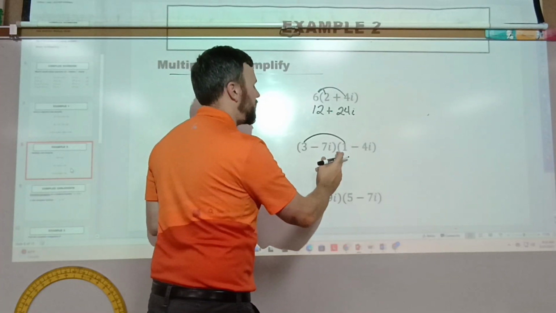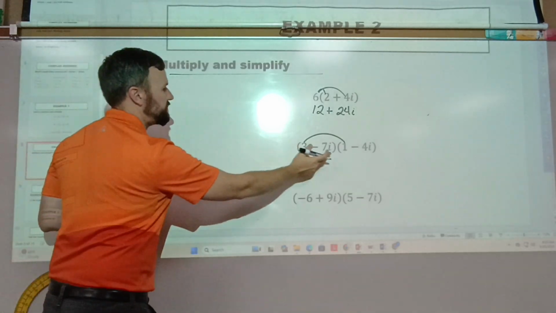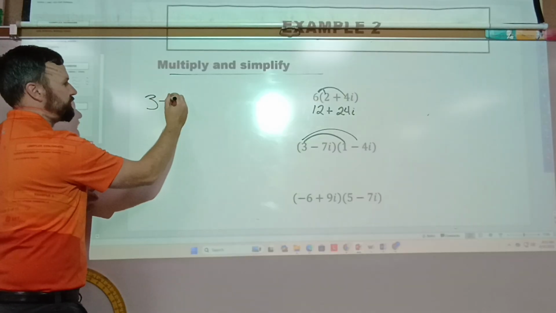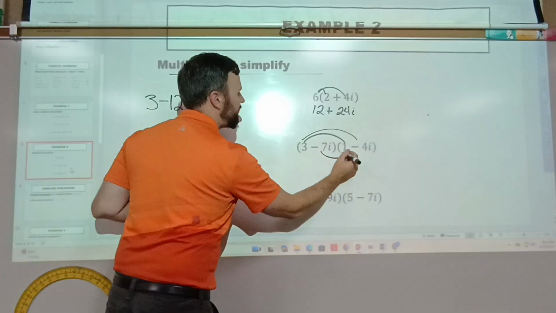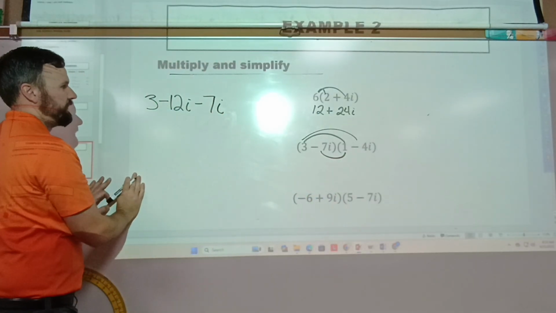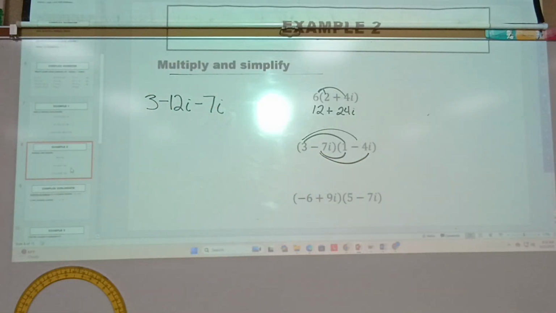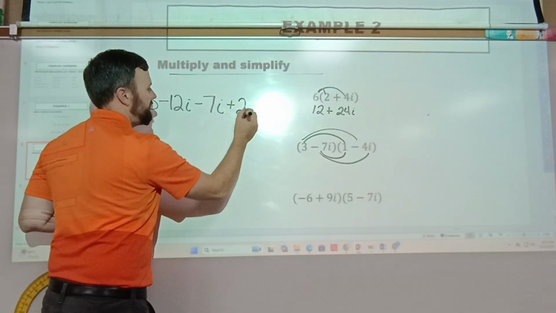So 3 times 1 is, I'm going to do it over here so I have more room, 3. 3 times negative 4 is negative 12i. Keep the i. Negative 7 times 1 is negative 7i. But then I get negative 7 times negative 4. 7 times 4 is 28.